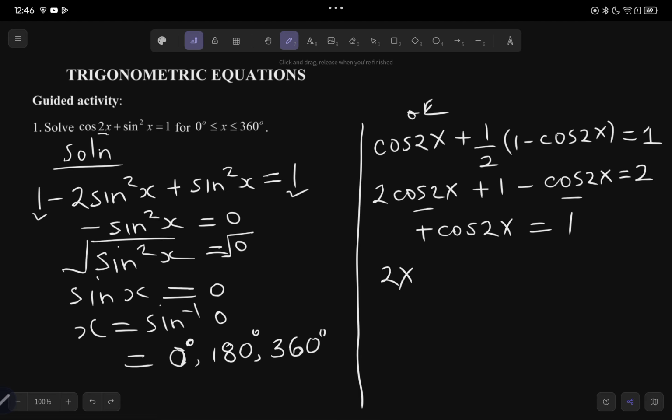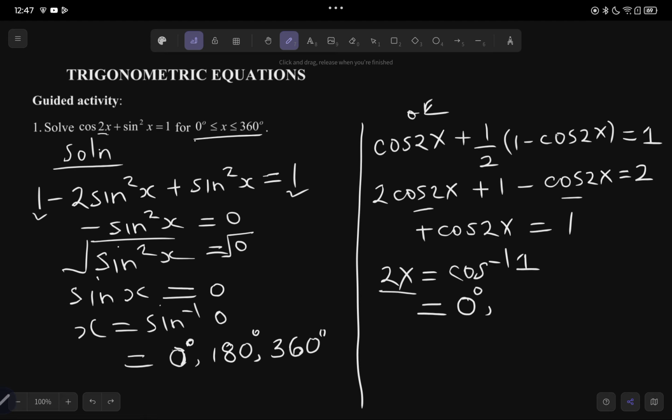So what is 2x? 2x is cos inverse of 1. Now the cos inverse of 1, remember our angle is between 0 and 360. But now we have 2x, which means 2x will be between 0 and 720. Now cos inverse of 1 is 0.